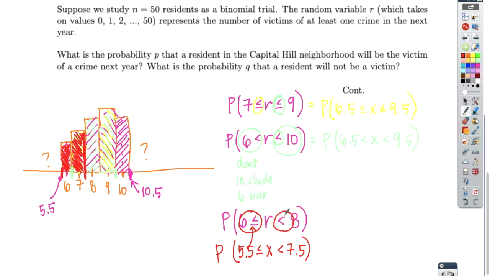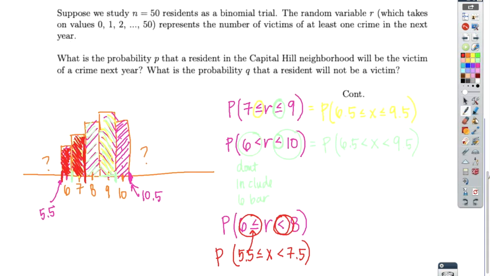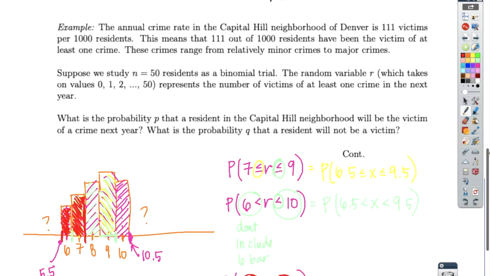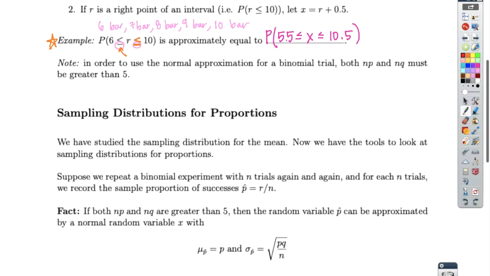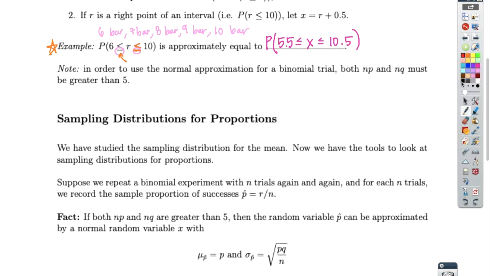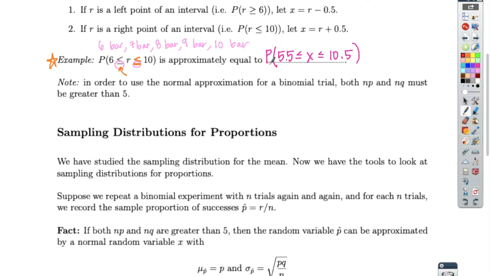So it's really all about this symbol. And this is called continuity correction. It's basically turning a bar graph into like a continuous probability. Okay, so you'll have to do that just a couple times on the homework, but just be aware that this is a process that happens when you're in a binomial setting.